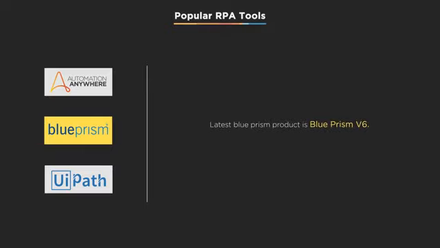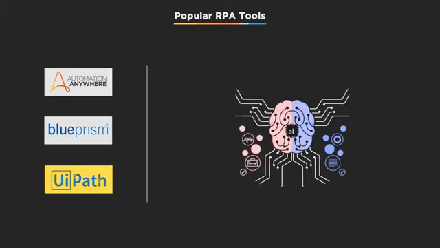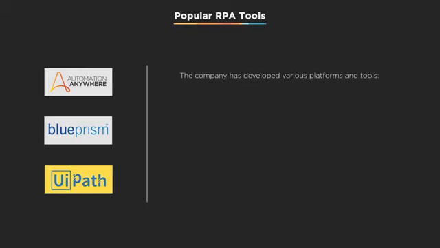Their latest product is Blue Prism V6. UiPath is working with cognitive technology tools from third parties, including open source machine learning libraries, to craft point solutions for clients. The company has developed various platforms and tools, including Orchestrator, Robot, and Studio.